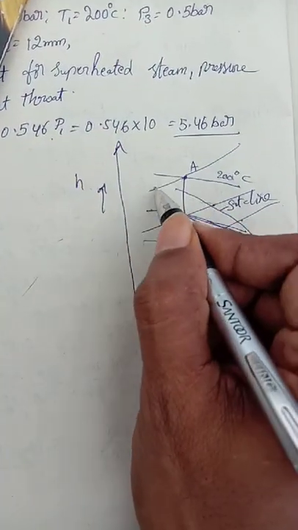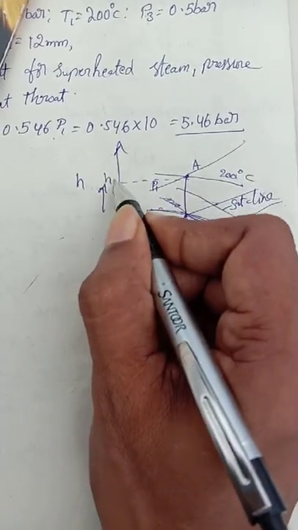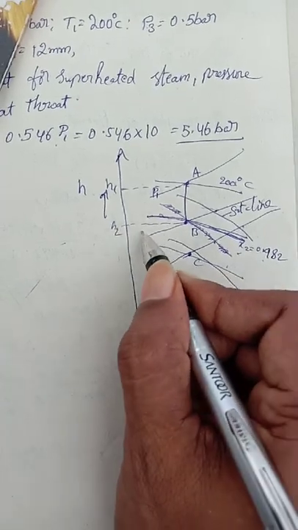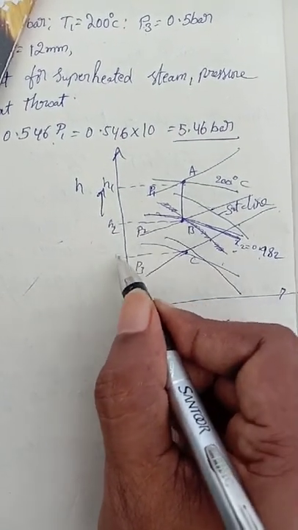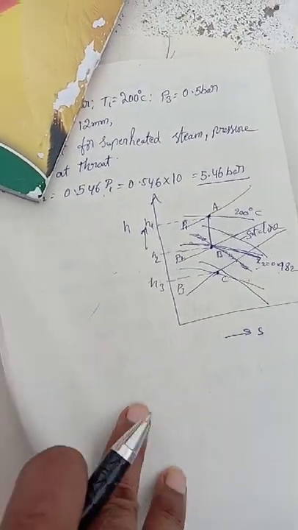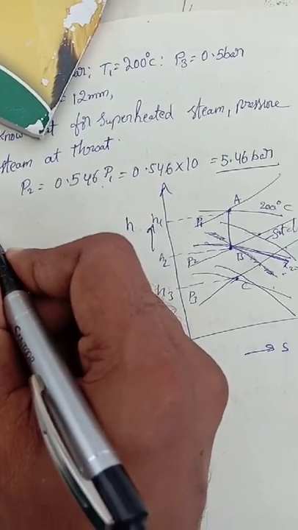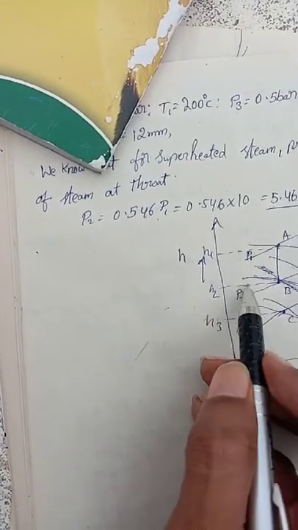Now we know very well this is P1, this is H1, H2, P2, P3, this is H3. Okay, this is the Mollier diagram for the expansion of steam through the nozzle shown in the figure.